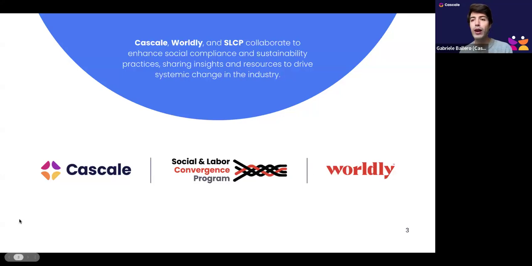Cascale owns and develops the Higg Index, the leading value chain environmental and social impact measurement methodology. These tools are exclusively available on Worldly. Worldly is the most comprehensive sustainability data insights platform, empowering businesses to scale responsibility into their global operations faster and more accurately.